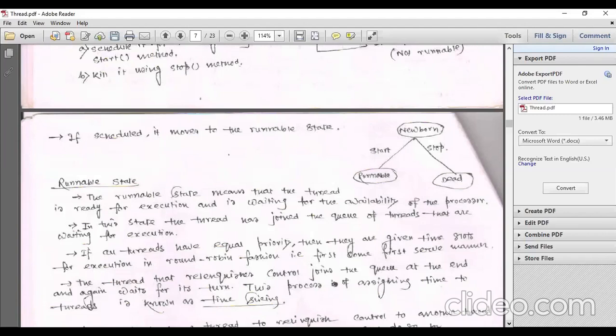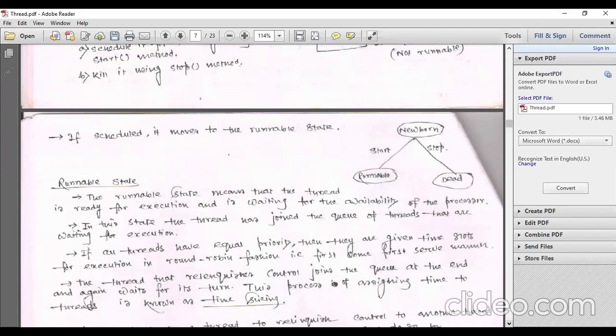And the order of these processes getting the processor is on a first come, first serve basis. That means if process P1 comes first, then P1 gets the processor.